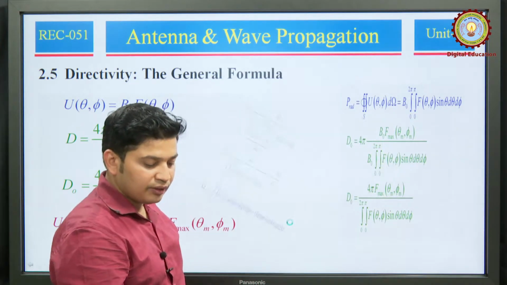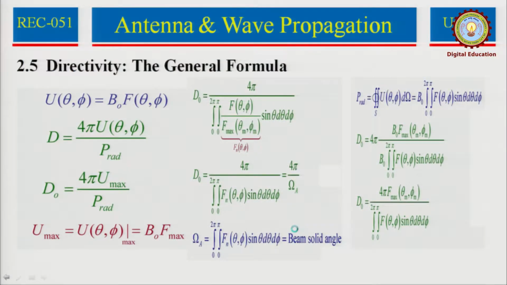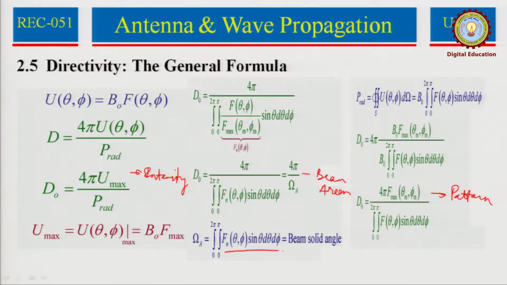So, this formula is from beam area, this formula is from pattern, and this formula is from intensity. So, there are three different formulas utilized for directivity of an antenna. Directivity is nothing but 4 pi per unit solid angle, or total solid angle psi A. Again see, this is beam solid angle, only the representation I have changed over here to F n, because it is P n. Do not get confused.